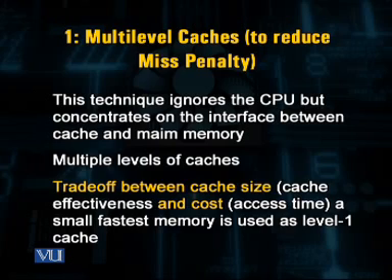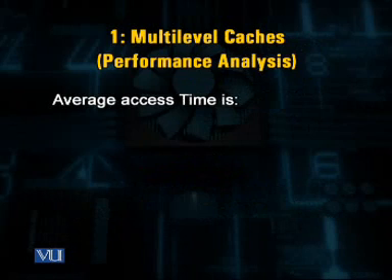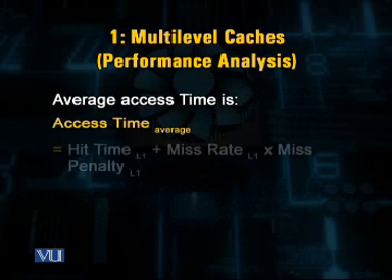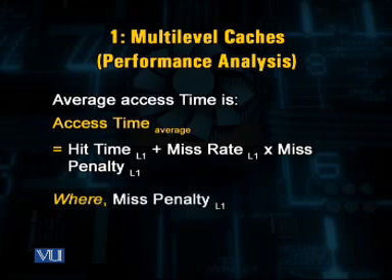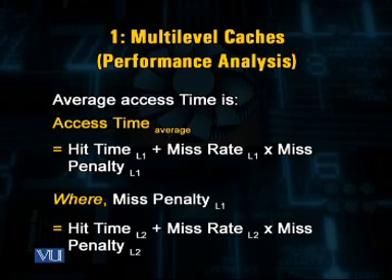We know that the original formula for average access time is that the average access time is equal to the hit time for level 1 plus the product of the miss rate and miss penalty for level 1, where the miss penalty for level 1 is equal to the hit time for level 2 plus the product of miss rate and miss penalty for level 2.